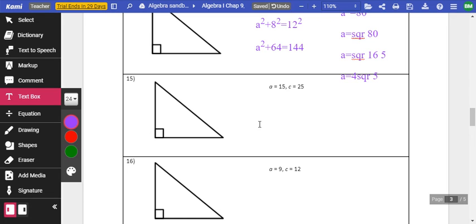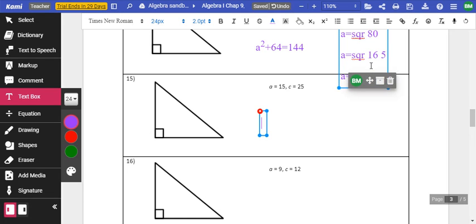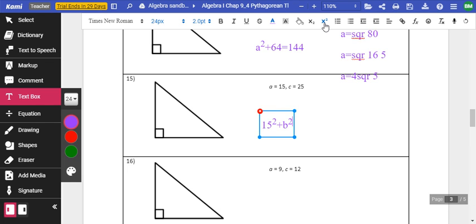Okay, let's do 15. I've got 15 squared plus b squared equals 25 squared. I can't do it in my head, so I have to use a calculator: 15 squared equals 225.